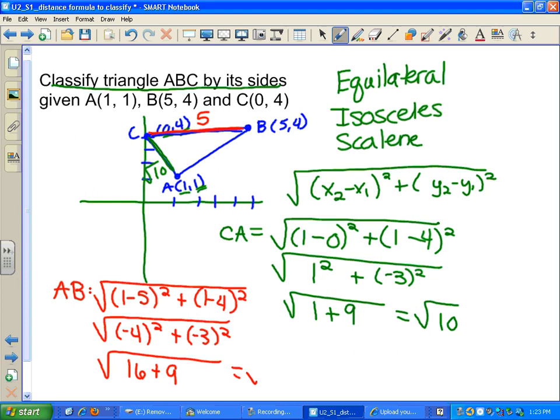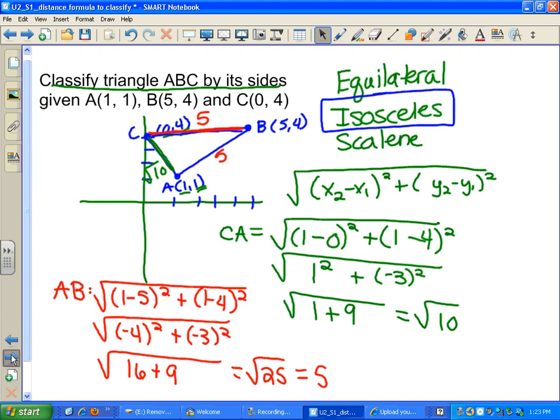So this gives me the square root of 25, and we know that's a perfect square. So the square root of 25 is 5, which means that distance is 5. So by using the distance formula, I know that the sides of the triangle are 5, 5, and the square root of 10. So since two sides are congruent, I know that this is an isosceles triangle.